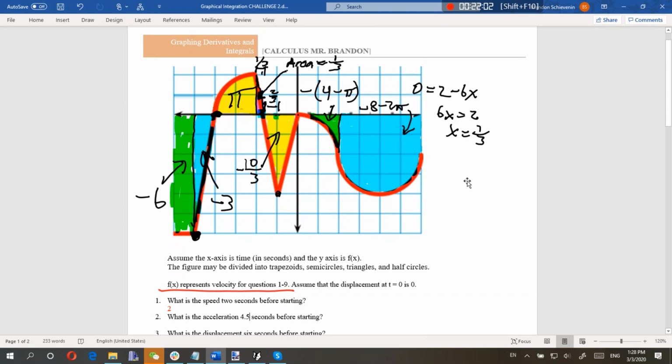Okay, right now this graph is velocity. If I want to get to acceleration, do I have to derive or integrate? Derive, okay. So 4.5 seconds before starting, we are on this black line here. If I'm on this black line, then how can I derive? How can I get the slope?